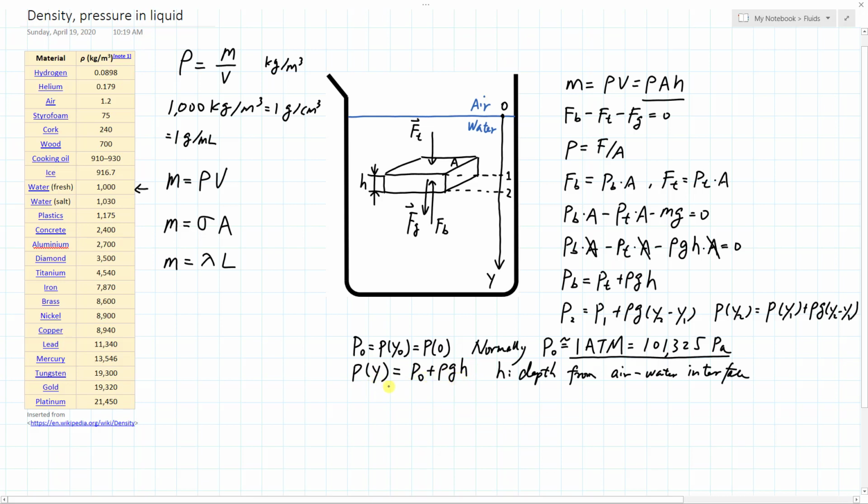So let's have an example. We'll calculate pressure at 10 meters below the water surface.